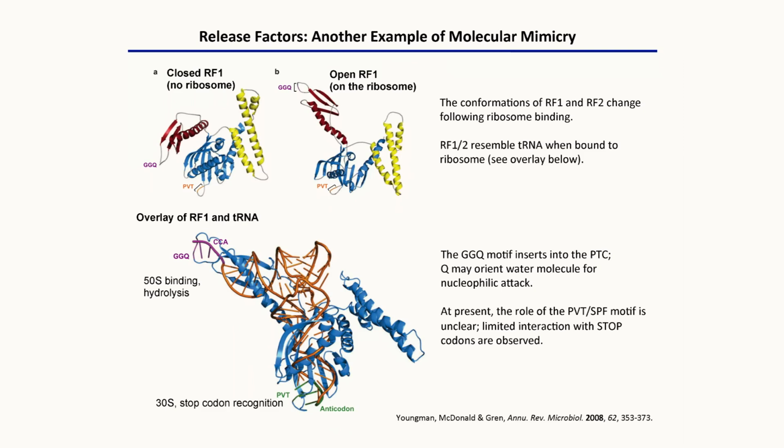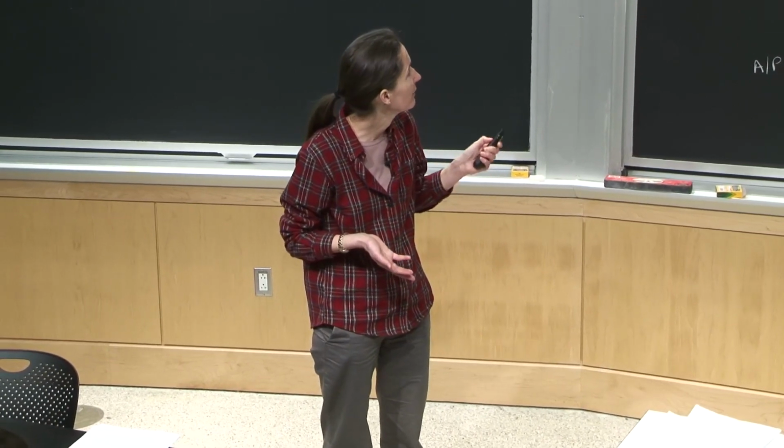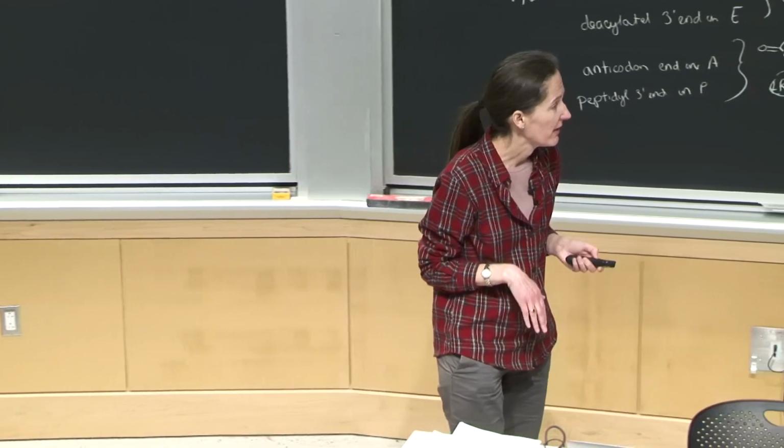We have the CCA end of the tRNA up here. And so what do we see? In terms of RF1, we have this PVT motif down here. And we have this GGQ motif up here for that. And so this motif is important for hydrolysis of the peptidyl-tRNA, and that's where it is.